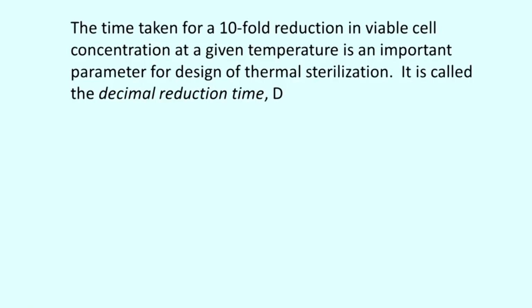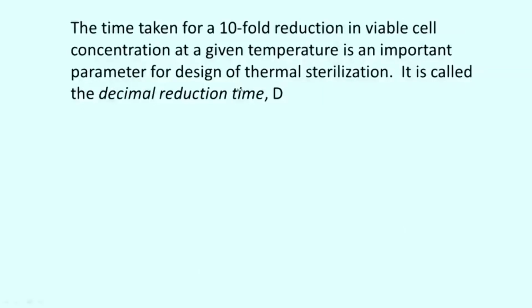We are figuring out means by which we collect the information, so that it can be used elsewhere to design the sterilization process, to design the sterilization equipment and so on. This time taken for 10-fold reduction in viable cell concentration is called the decimal reduction time, typically expressed as capital D.